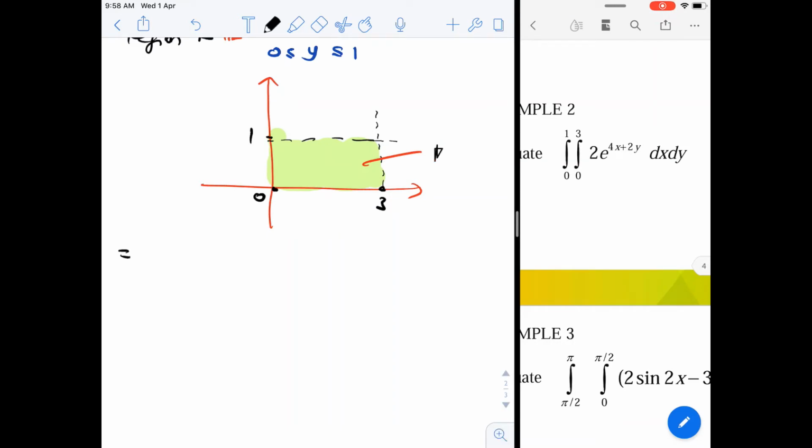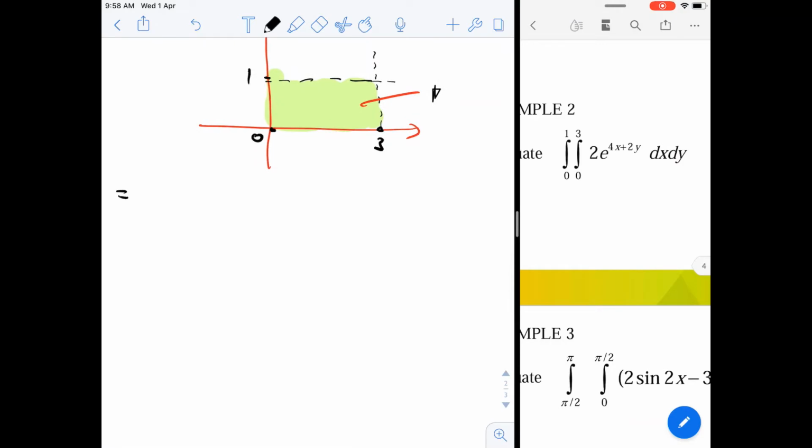Equals the integral from 0 until 1, 0 until 3 of e to the power of 4x plus 2y dx dy. In this case, we integrate with respect to x first. So when we integrate with respect to x, y becomes a constant.